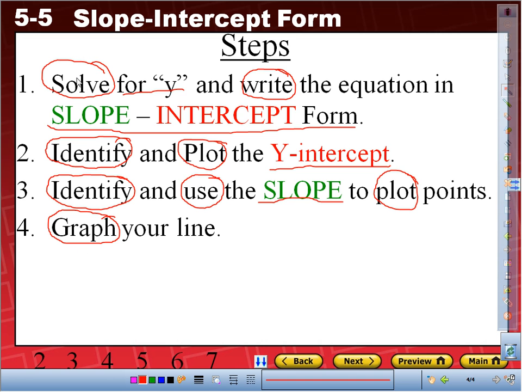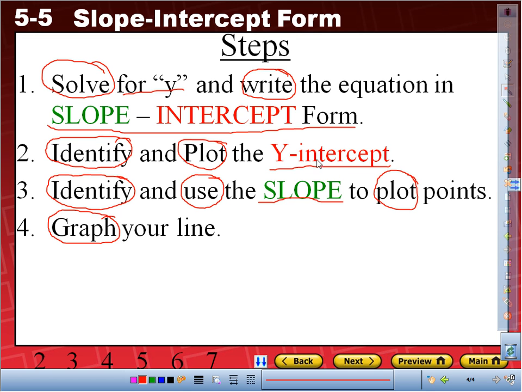Step 1, solve for y and write a slope-intercept form equation. Step 2, identify and plot the y-intercept.